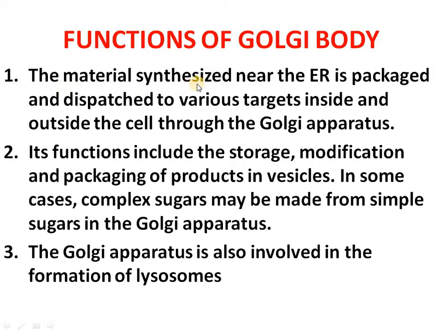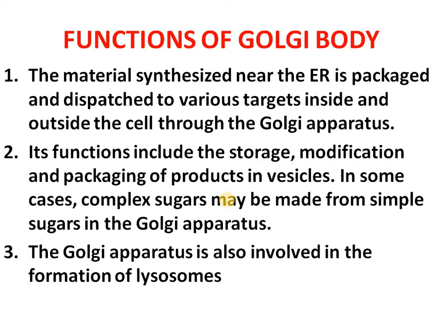The material synthesized near the endoplasmic reticulum is packaged and dispatched to various target cells through the Golgi apparatus. Its functions include storage, modification and packaging of products in vesicles. Means what the Golgi apparatus will do, it will store, modify and do the work of packaging of product in vesicles.